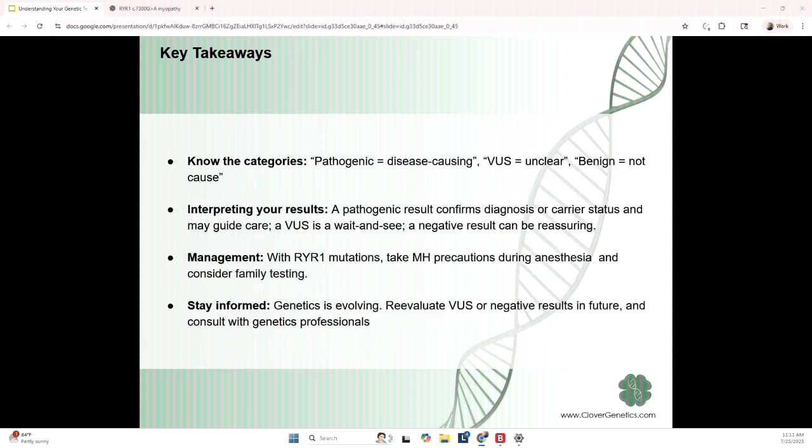So in summary, it's important to understand the various reporting categories for the lab and how they vary in terms of strength, evidence, and actionability. Just to highlight, a pathogenic variant provides either a likely diagnosis or at least a carrier status, depending on the specific variants. A VUS, or variant of uncertain significance, means more evidence is needed, and there's a lack of a definitive answer at this point.